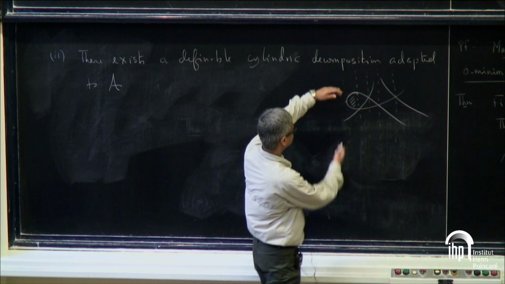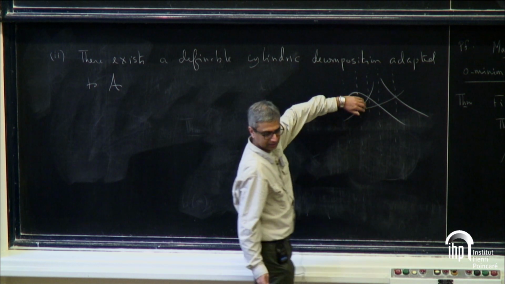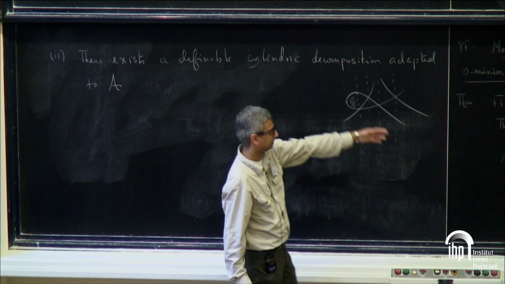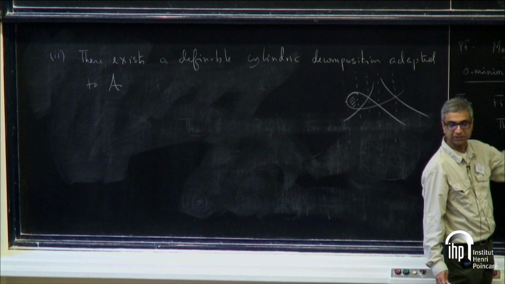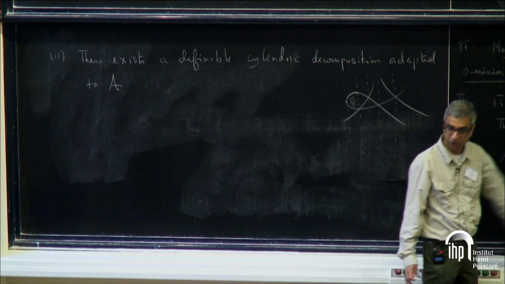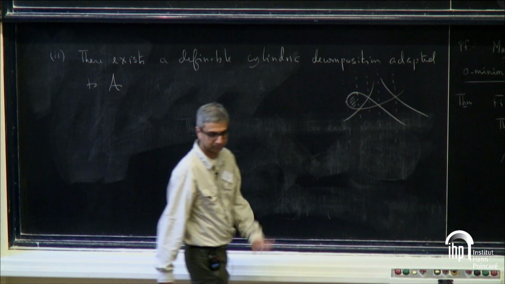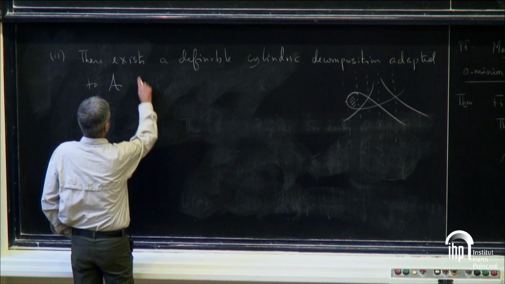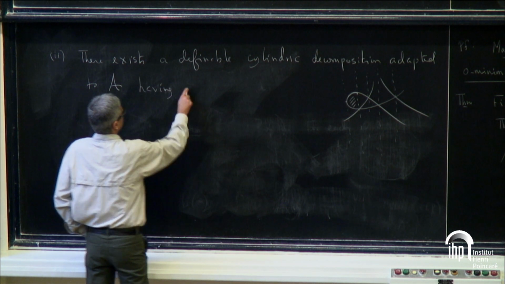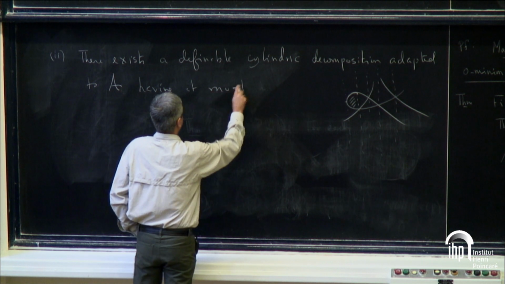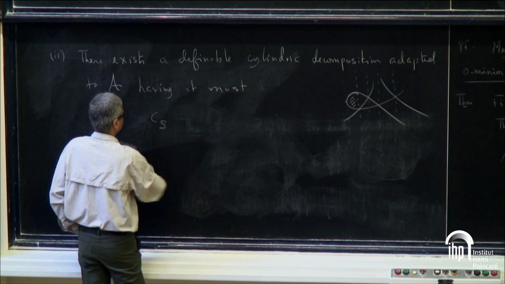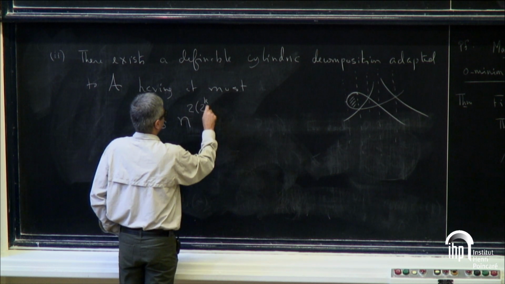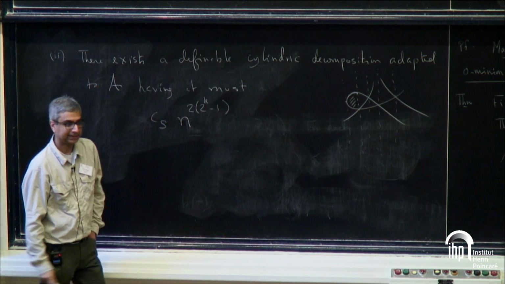And adapted means that each cell, for each Si, is either contained in the Si or is contained in the complement of the Si. So having at most this constant times n raised to that many cells.